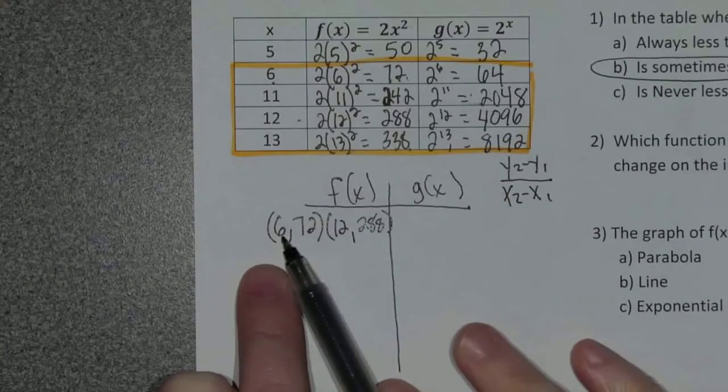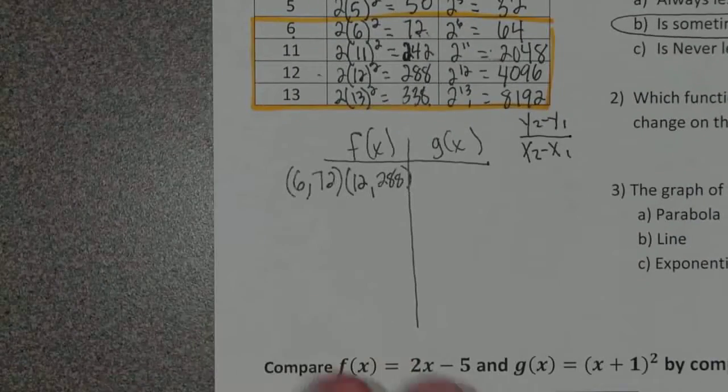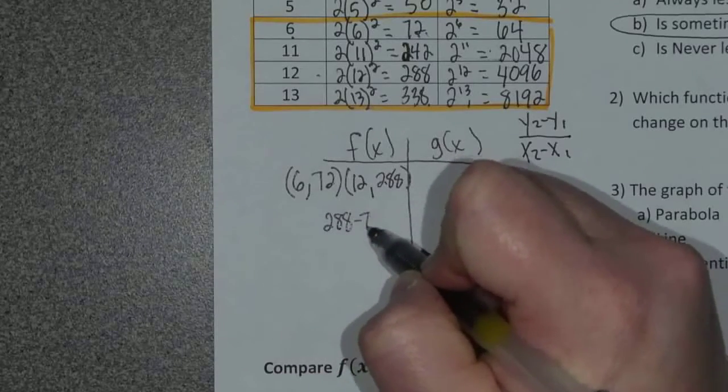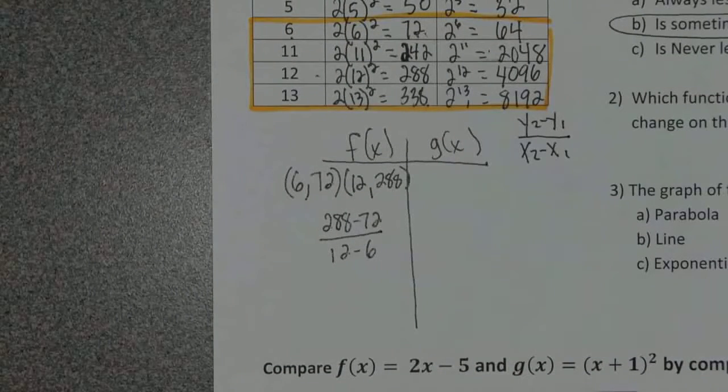And why did I grab the 6 value and the 12 value? It's because that was the interval that they told me to look at. Then I just have to punch it into the slope formula. So 288 minus 72 over 12 minus 6. Okay. And when you do that math really fast, you're going to just get one nice number.